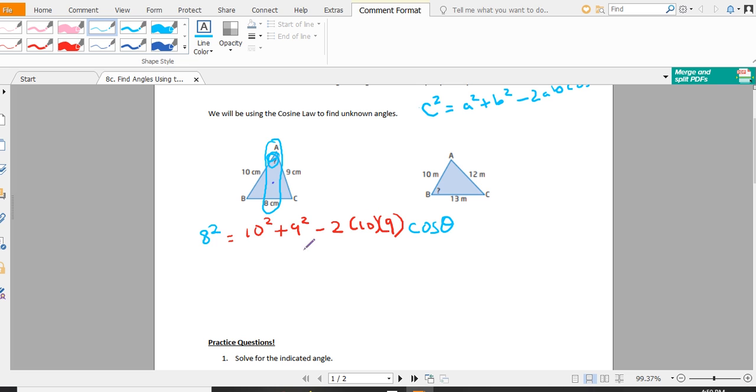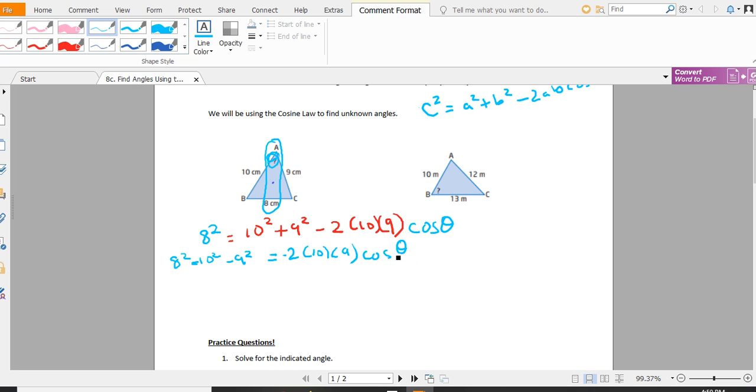Okay, so now I just gotta rearrange it. So then, if I move everything to the other side, I'll have 8 squared minus 10 squared, minus 9 squared will equal negative 2 times 10 times 9 times cos theta.